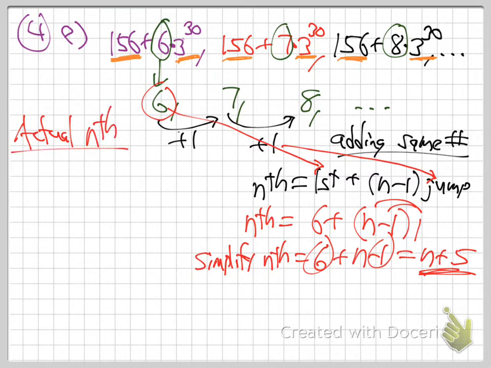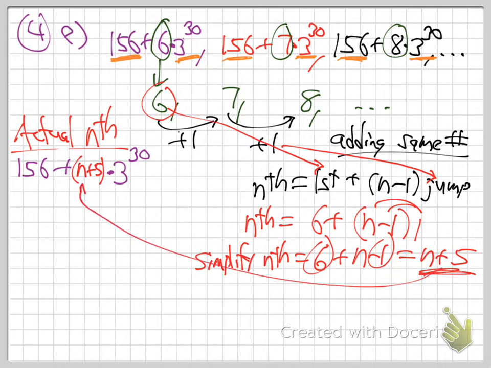So the actual nth term then, put the 156 back in the front. I do that. We get the 156 in the front, and we get the 3 to the 30th in the back. And then n plus 5 is what goes right there in the middle. So this whole pattern, 6, 7, 8, was the middle number, which is n plus 5.